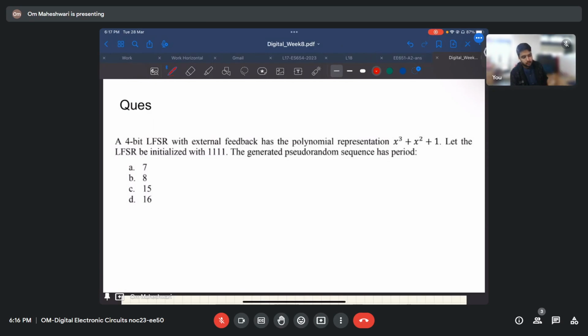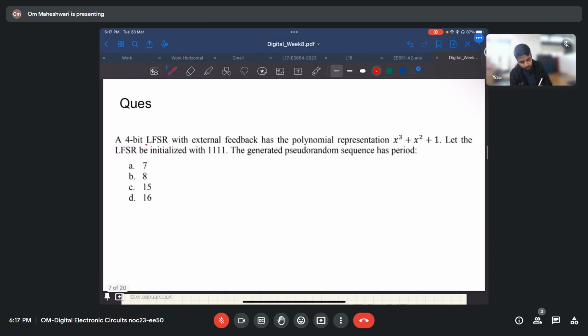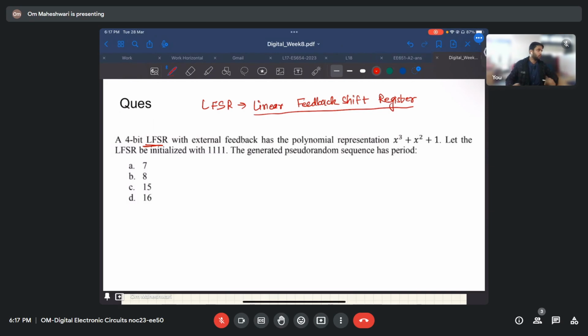Okay. So first of all, LFSR. LFSR is linear feedback shift register. In the linear feedback shift register, here it is given it is a 4-bit, right?